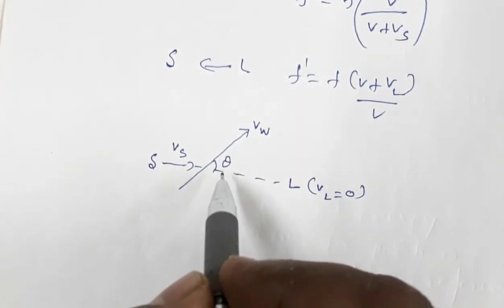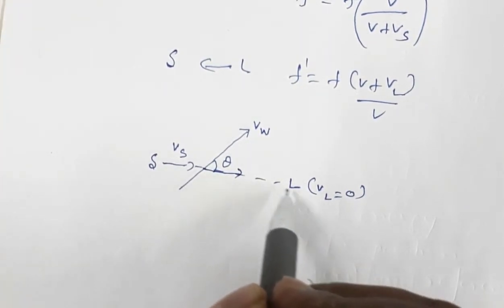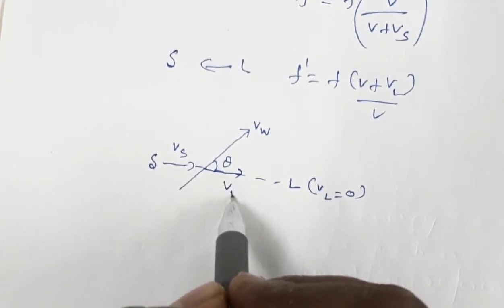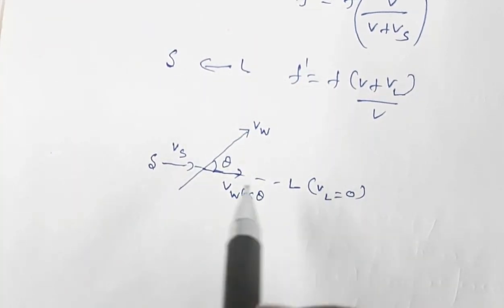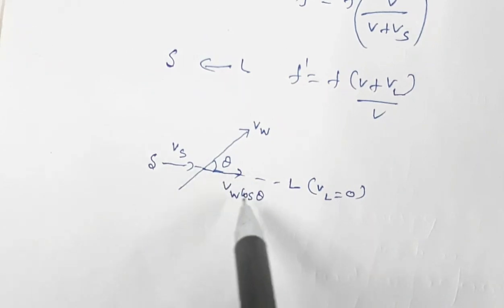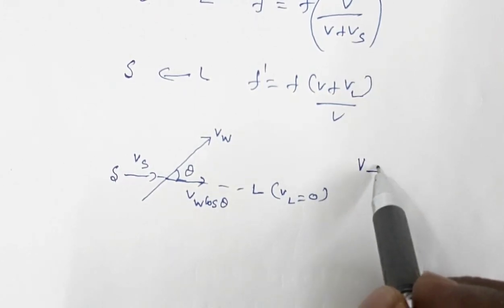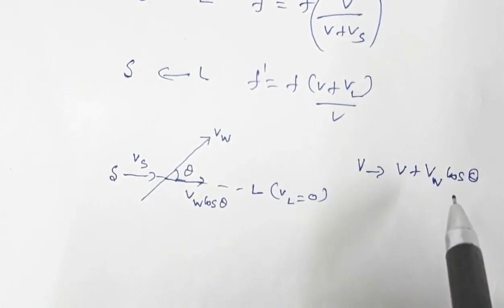This is the component of wind velocity in the direction of the line joining the source and the listener, so this is Vw cos theta. This component of wind velocity flows in the direction in which the sound is propagating, so it helps the sound to propagate. In this case, the velocity of sound v is replaced by v plus Vw cos theta.